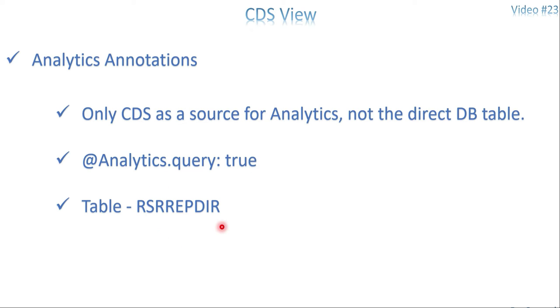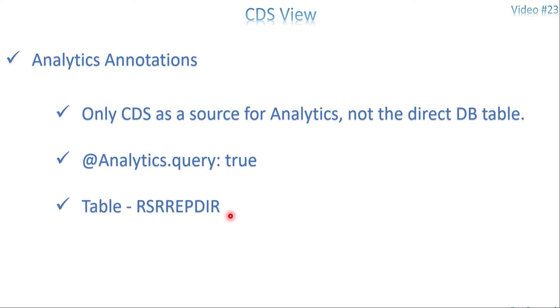And this is for your reference. Once you activate your CDS view along with this annotation, it creates an entry in the backend, in a table called RSRT. Only once the entry is added in the table is your view available for the RSRT transaction.